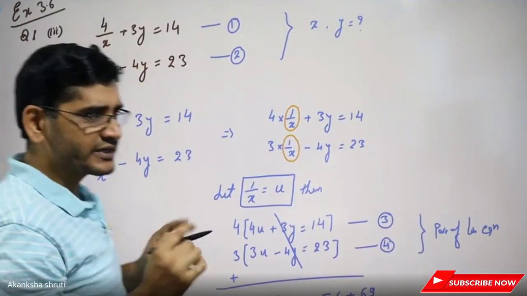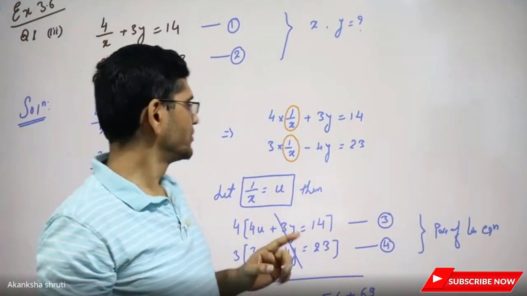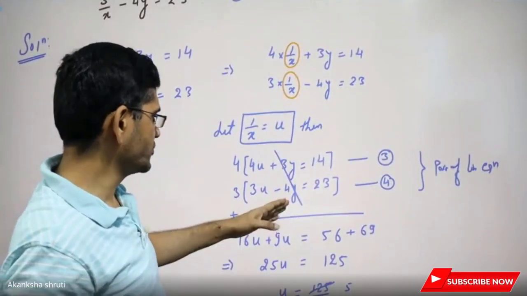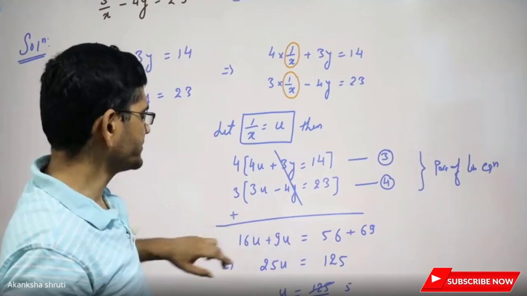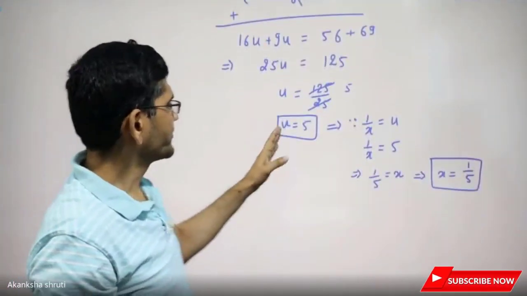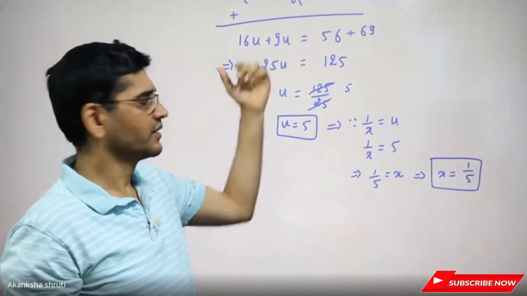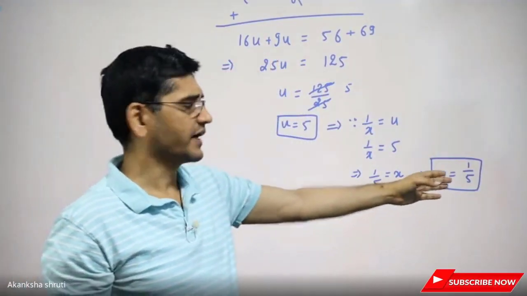It is up to you whether you calculate u and then use this u to calculate y, or from this u you calculate x, then go to the original equation and find the other variable.